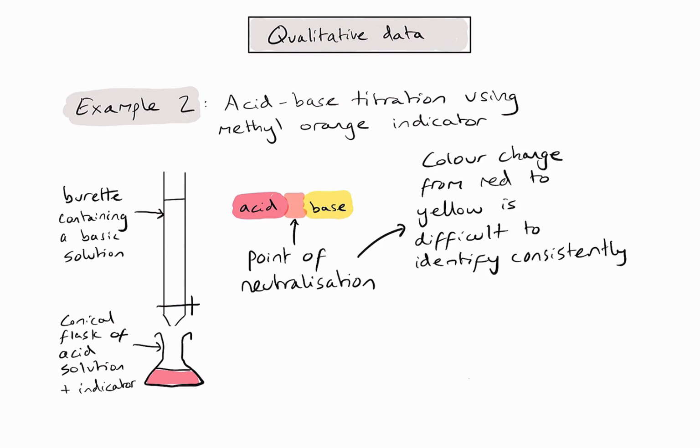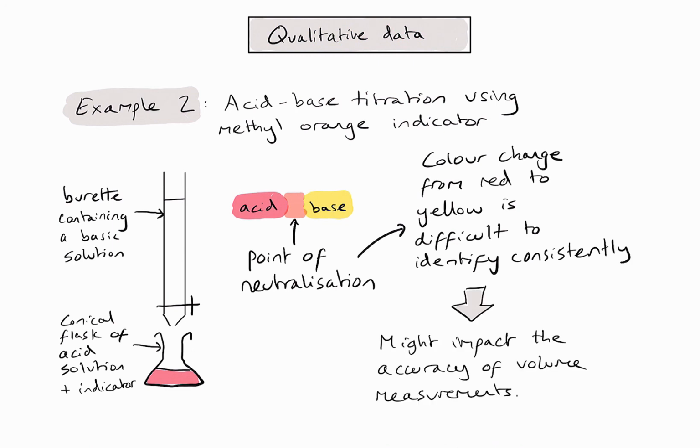And this is likely to impact the accuracy of the volume measurements that we are making, which ultimately is going to affect the accuracy of the concentration of the unknown solution that we're trying to calculate in a titration. Again, the observation itself is the qualitative data, and the consideration of this as an issue in the methodology would be considered in the evaluation.